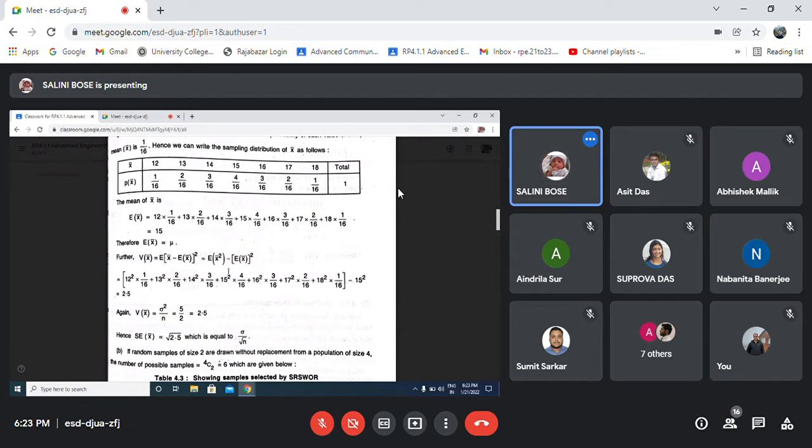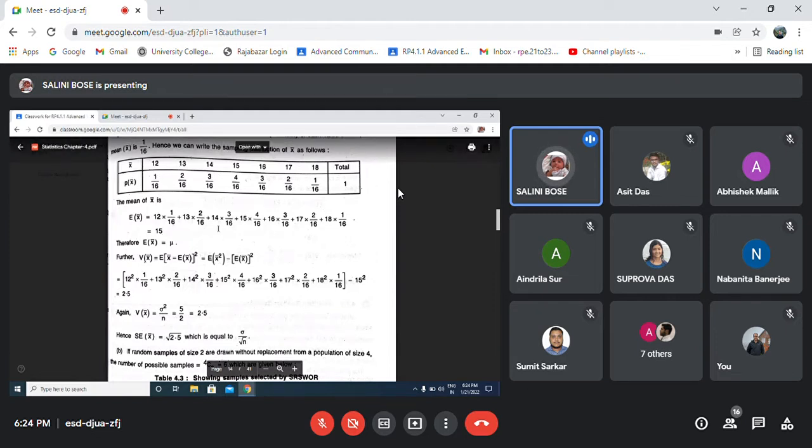Is this formula clear? E of x bar square is equal to summation of x bar square into px bar. Yes, it is very simple. Our x bar is 12, so 12 square into the probability.